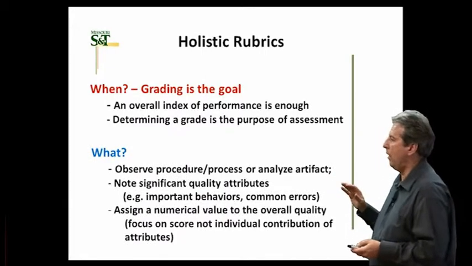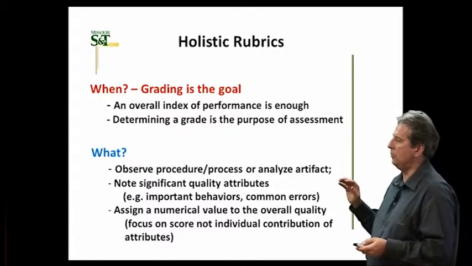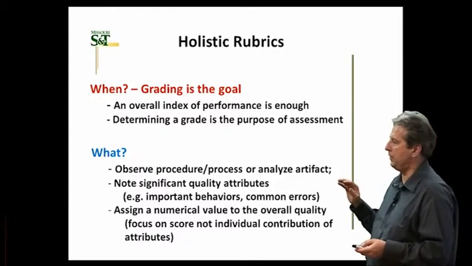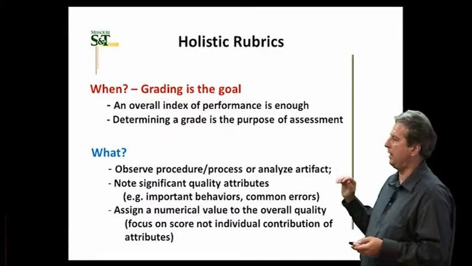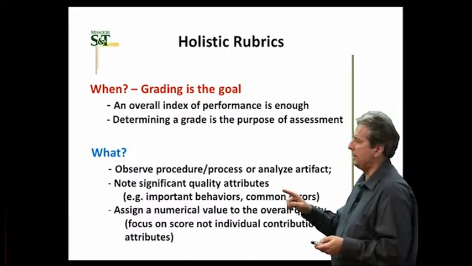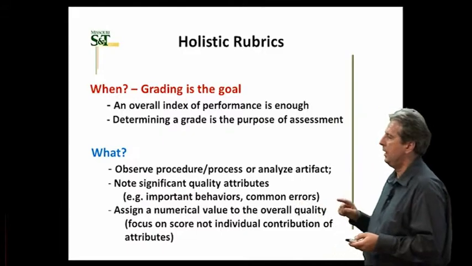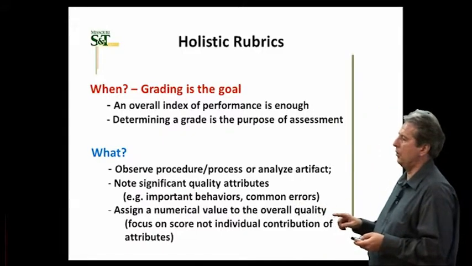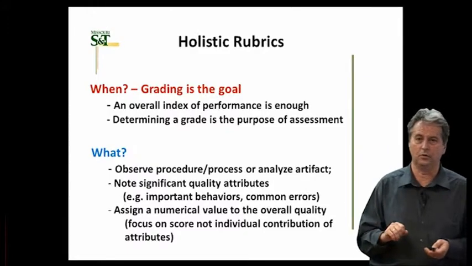What you include in the holistic rubric: you have to look at specific procedures or processes or artifacts. Also, you have to make sure that you identify significant quality attributes, and this is the point, significant. And also you align your numerical values with the quality required for those values.